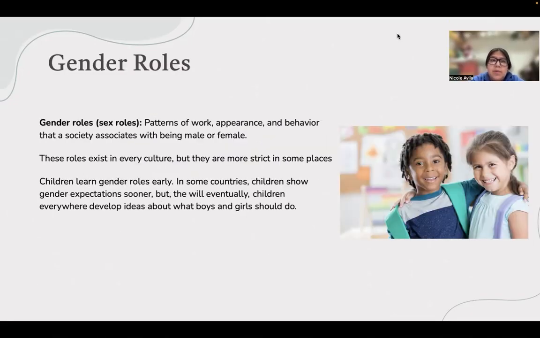Okay, so now we're going to be talking about gender roles. Gender roles, or sex roles, are patterns of work, appearance, and behaviors that a society associates with being male or female.